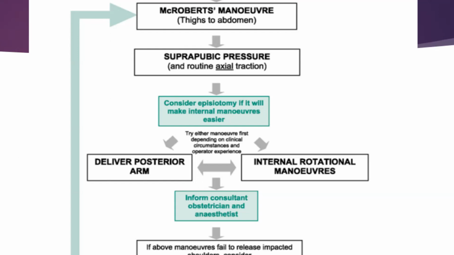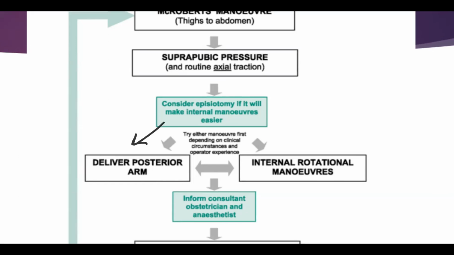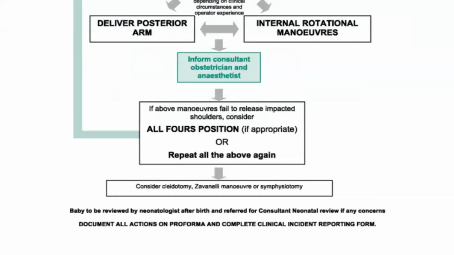Which one will I start? Next step will be either delivery of the posterior arm or internal maneuvers. So it will depend on your experience. It will depend on the whole situation. No, there is no preference for one maneuver over the other. Choose whatever you want. And then if this fails, I will go for the next step, which is the all four position.